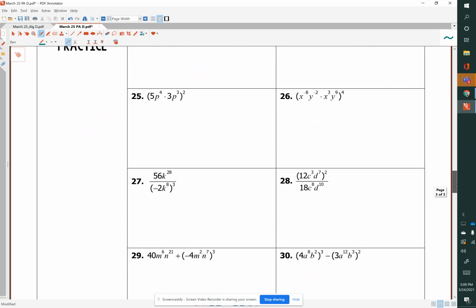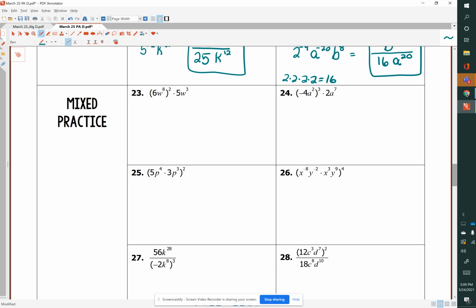So now we've got some mixed practice. We're going to put all the rules together. We'll start with, remember, grouping symbols are always taken care of first. So the exponent of 2 applies to everything in parentheses. So that will be 6 squared w, 8 times 2 is 16, times 5w to the third.